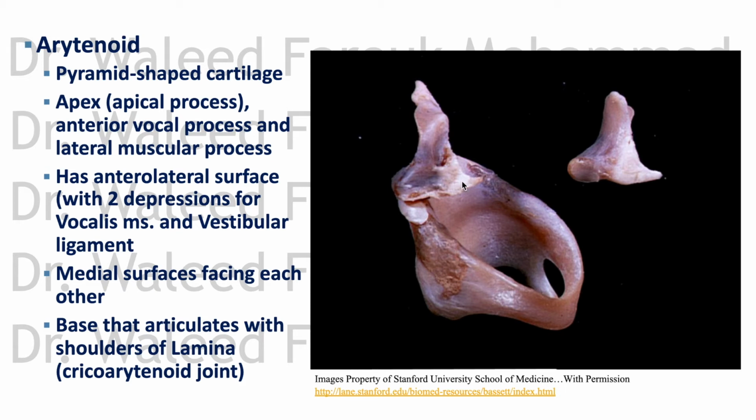And the opposite occurs when we pull the vocal processes medially, and we pull the arytenoids up on the shoulder of the cricoid to be closer to the other arytenoid. Understand the movements of the arytenoid.